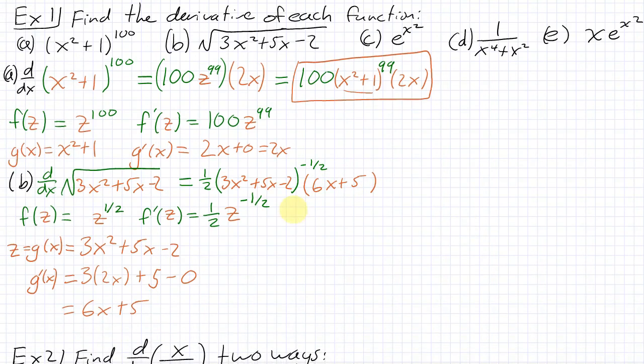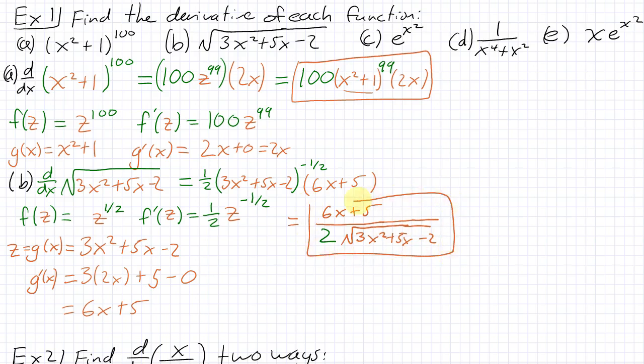This is a little ugly. I'm going to write this again, I think, with the 6x plus 5 in the numerator of it. And then that is divided by, well, there's that 1/2 there from before, so 2 times the square root of 3x squared plus 5x minus 2. It's the same thing as that.